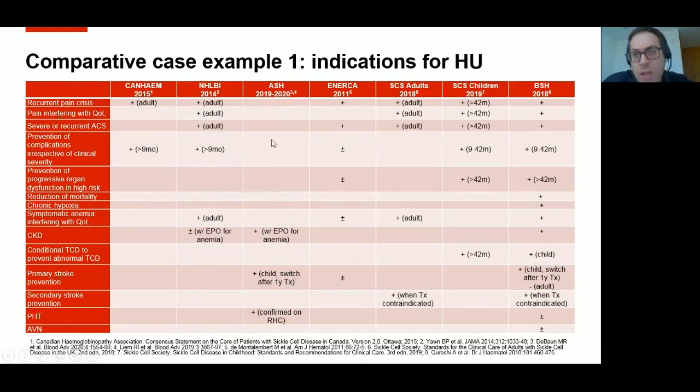In the recent ASH and the British Society of Hematology guidelines, there is that agreement in terms of the use of hydroxyurea in children who have been on transfusion for at least a year, who wish to transition from transfusion. And this is obviously stimulated by the TWiTCH study and data available at the time. While if you look at older studies, older guidelines, you would not see such a recommendation.